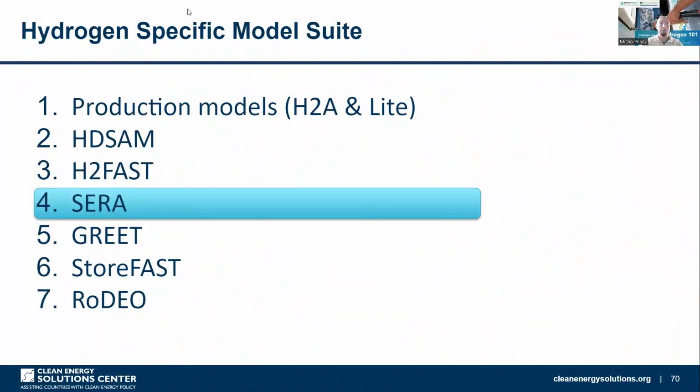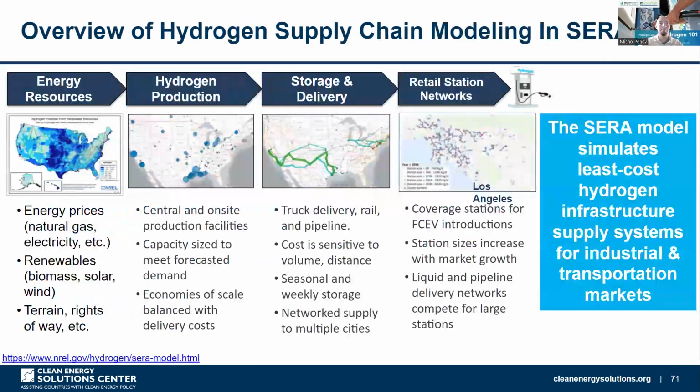The next model is the SARA model. This is one of the models that is actually not available for free download, just because it's very computationally intensive. There is a steep learning curve to it. We run it on our in-house supercomputer, just because there are a lot of moving pieces to it. The model is geographically distributed, and it optimizes delivery and production infrastructure so that you can achieve certain rollout targets.